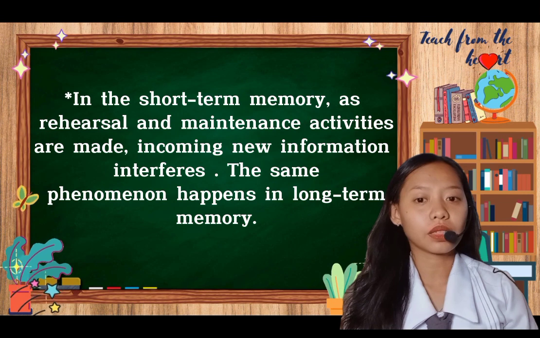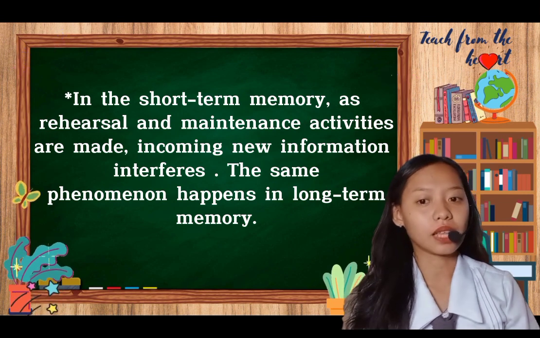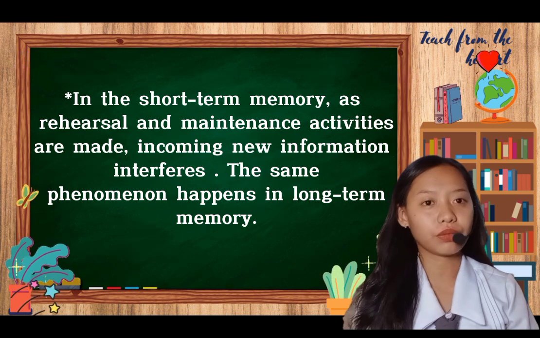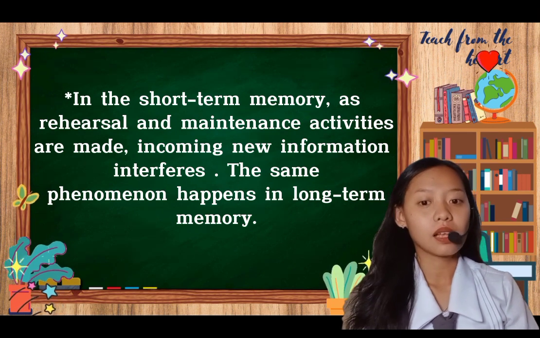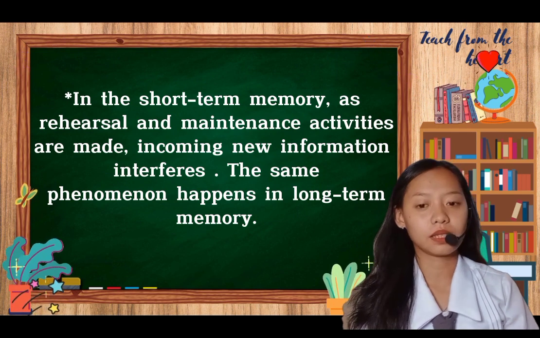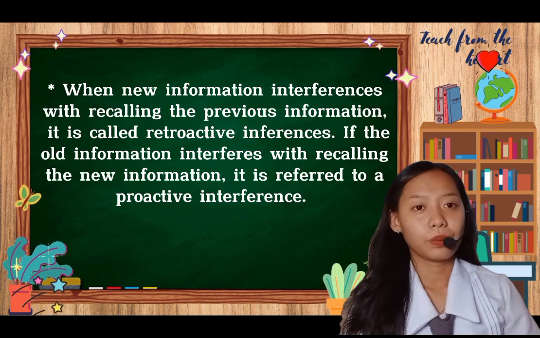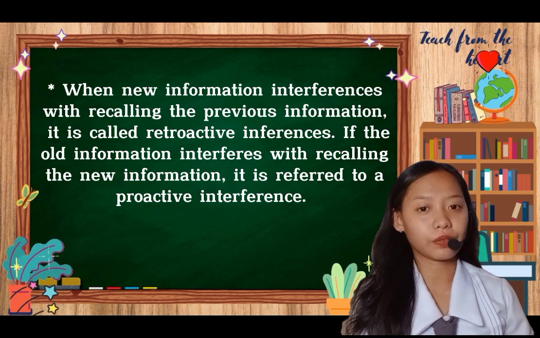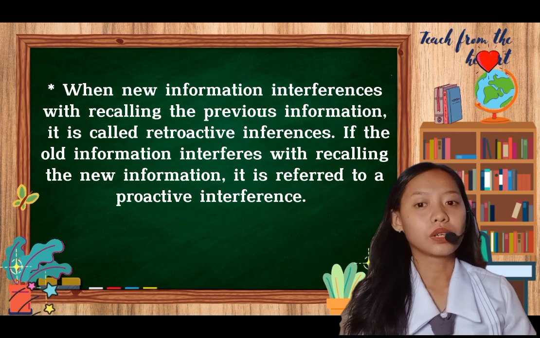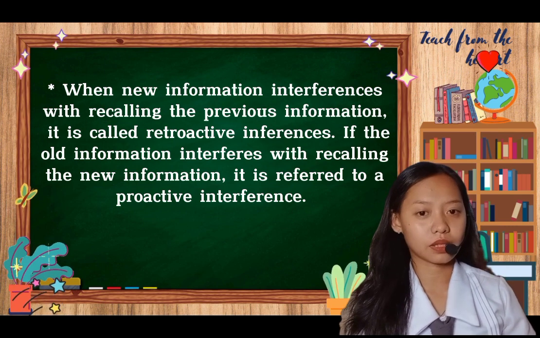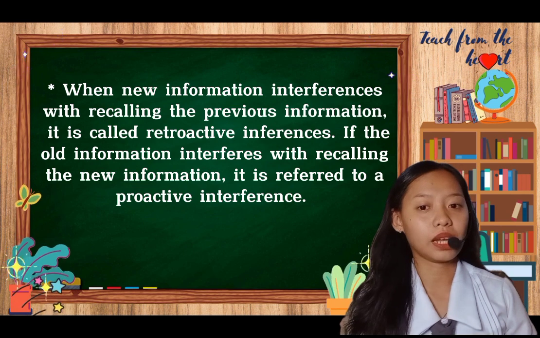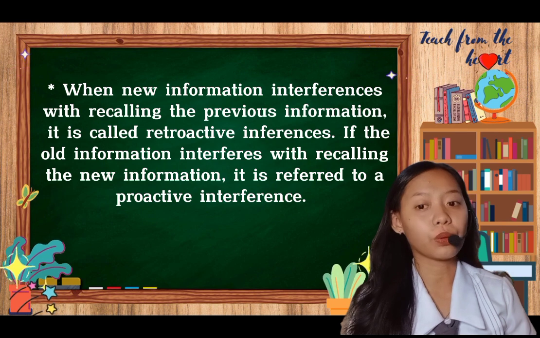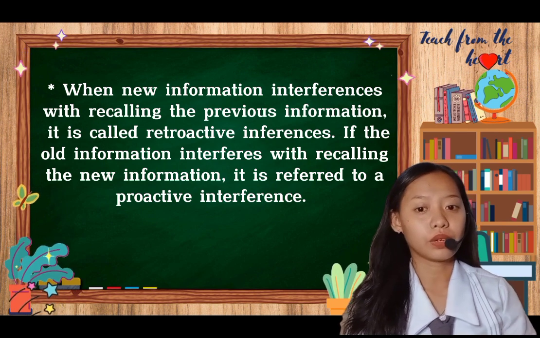In the short-term memory, as rehearsal and maintenance activities are made, incoming new information interferes. The same phenomenon happens in long-term memory. New information interferes with recalling the previous information. It is called retroactive interference. If the old information interferes with recalling the new information, it is referred to as proactive interference.